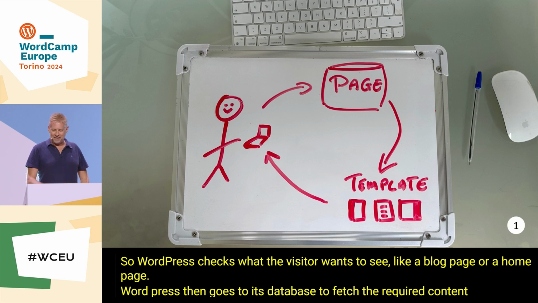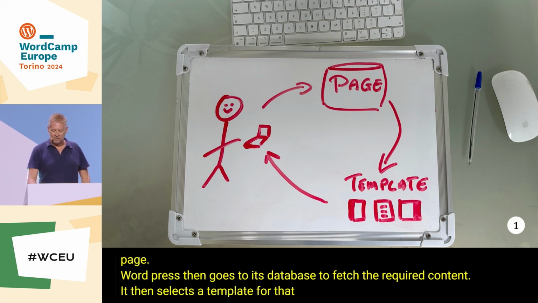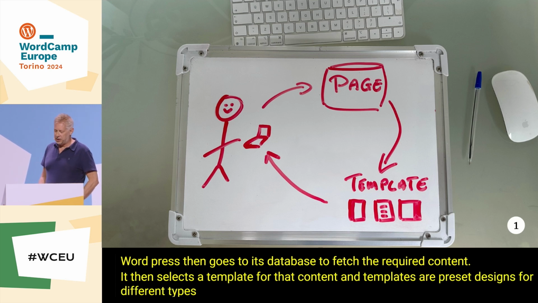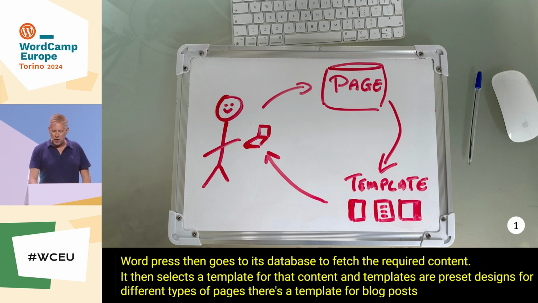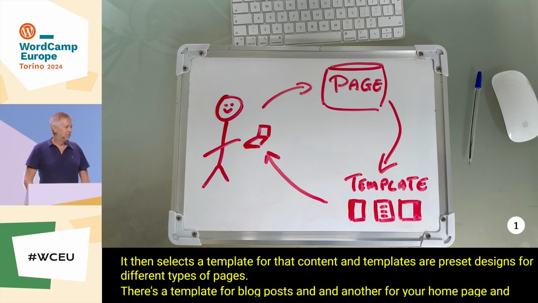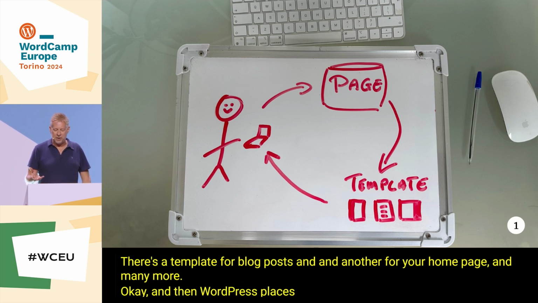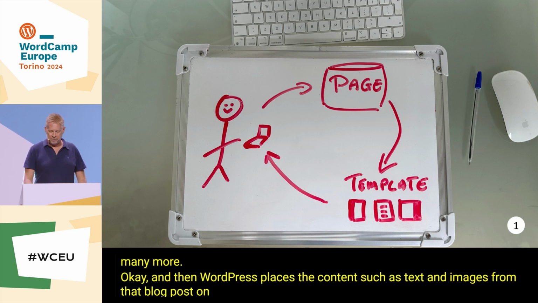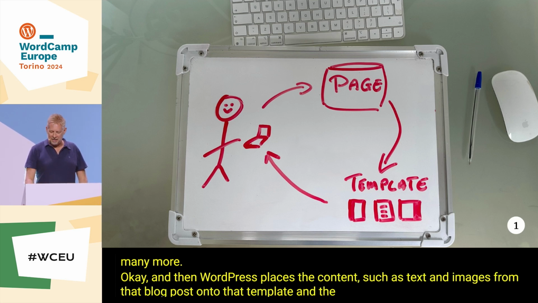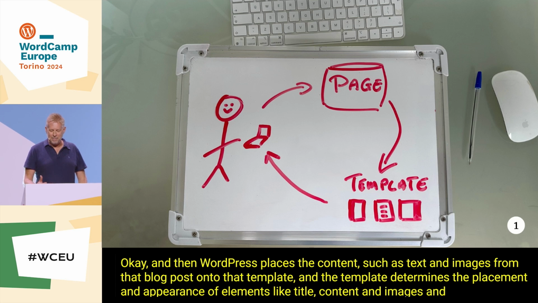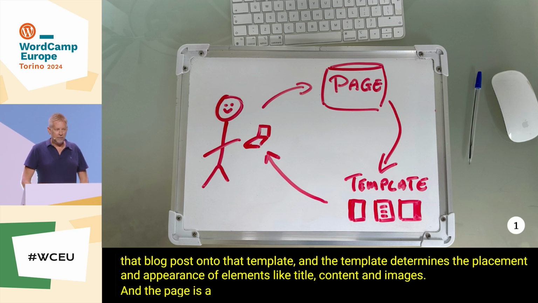It then selects a template for that content. And templates are preset designs for different types of pages. There's a template for blog posts, and another for your home page, and many more. And then WordPress places the content, such as text and images from that blog post, onto that template. And the template determines the placement and appearance of elements like title, content, and images. And the page is a mixture of content and design.